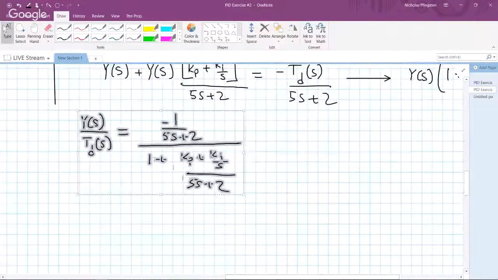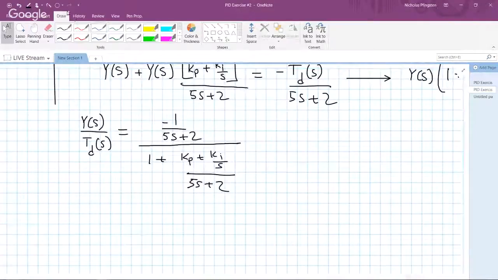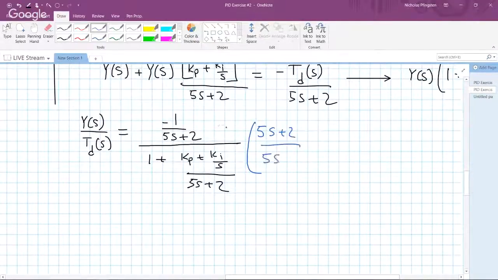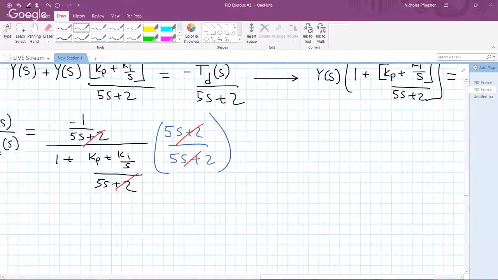So now you can see here that we can just, like before, simplify this. So let's go ahead and do that by multiplying the top and bottom of this fraction by 5s plus 2. This simplifies the numerator, and it simplifies the denominator too, mostly.